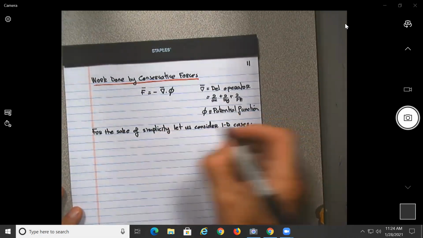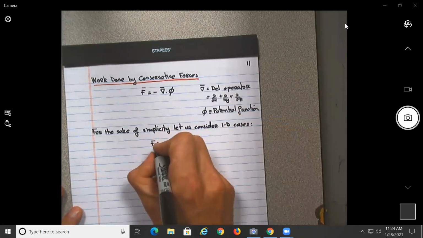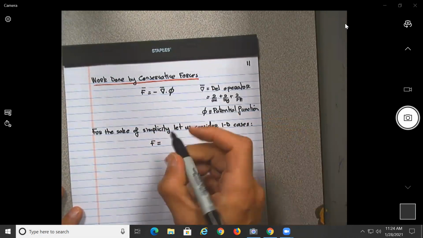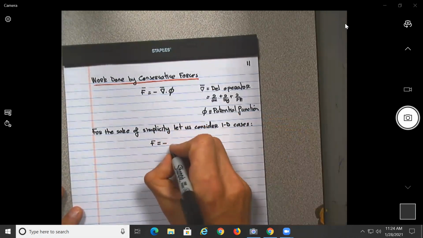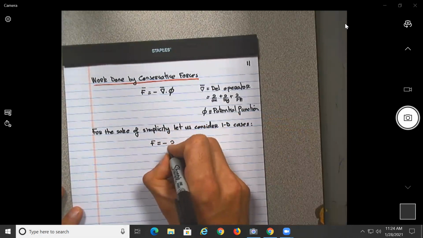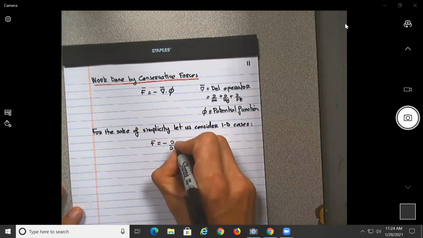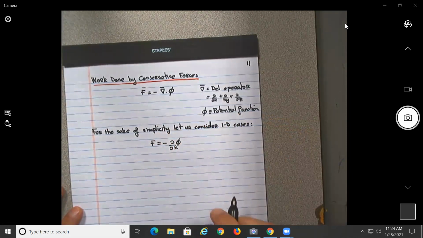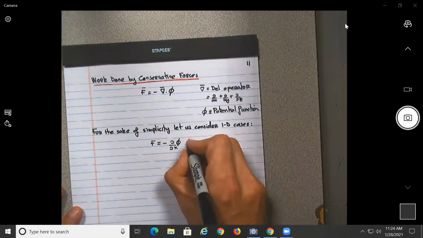So for example, this will mean what? F for 1D should be equal to what? Minus partial x of a potential function. Yeah, for 1D.